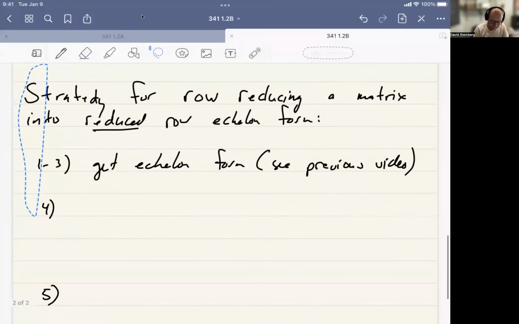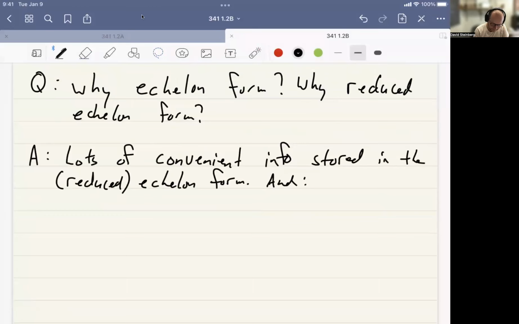Okay, and sorry, there's lots of convenient information stored in this echelon form. We'll prove a little theorem about what that all entails. But then also there's this nice theorem, our first theorem, theorem 1. It says that every matrix is row equivalent to a unique reduced echelon form.